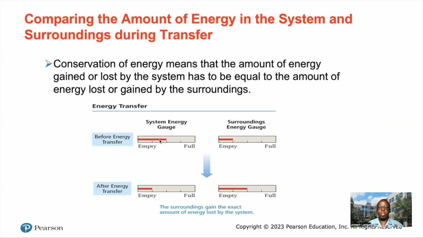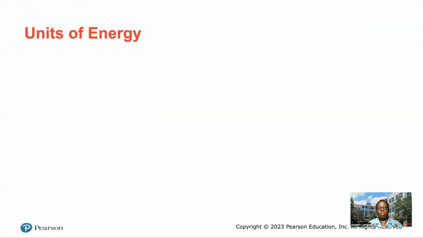Here, 1 centimeter has been transferred by the system to the surrounding, and we end up with 2 centimeters of the surrounding. I'm just using the word centimeter because of the calibration of this diagram. We are left with 1 centimeter from 2 centimeters here, just to understand the conservation of energy.